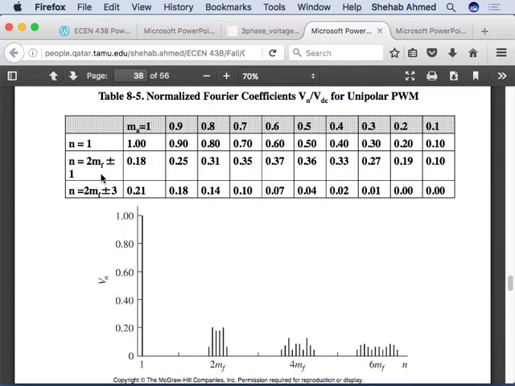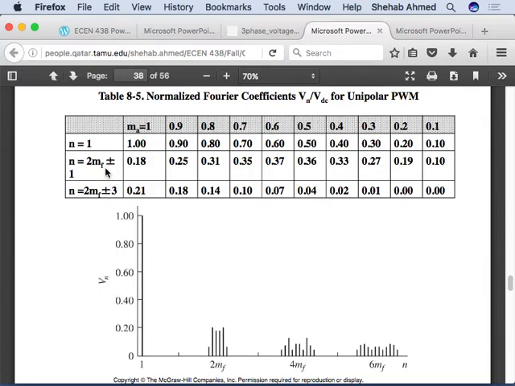So your MF is 500. How about twice your switching frequency? At 1,000. So 2 MF is 1,000.